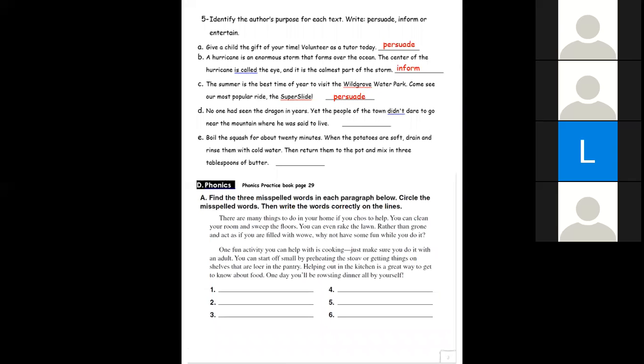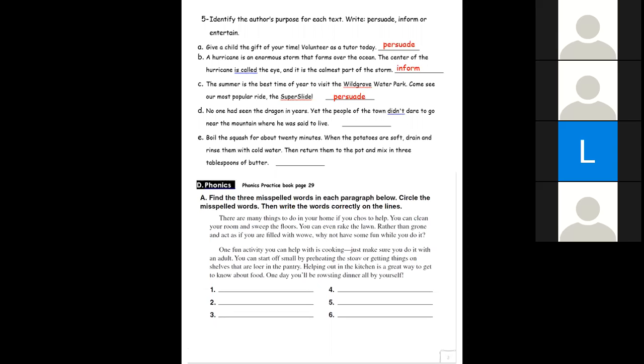No one had seen the dragon in years, yet the people of the town didn't dare to go near the mountain where he was said to live. So this is what?